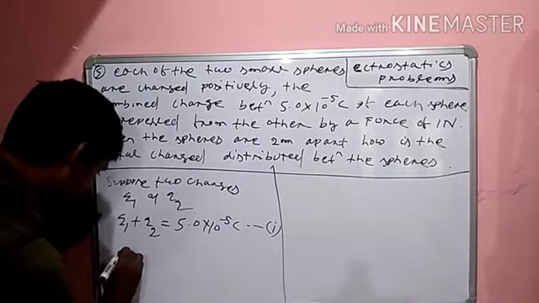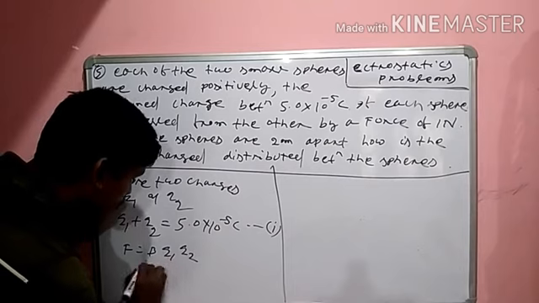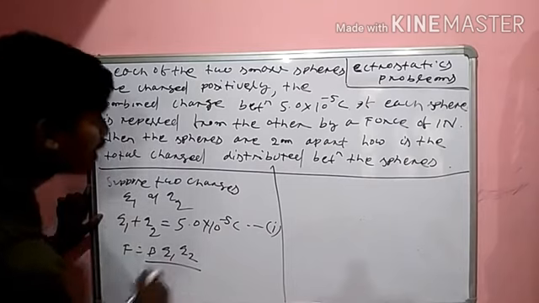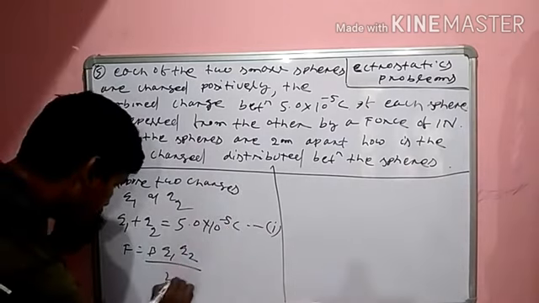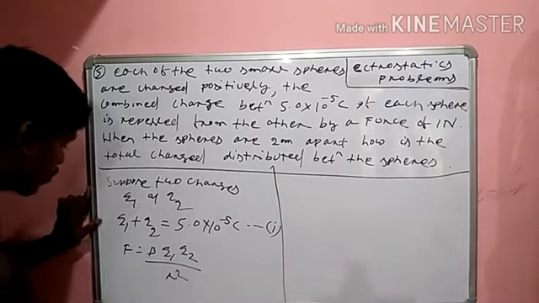So we can write F is equal to k Q1 Q2 by R square, where the distance is 2 meters.